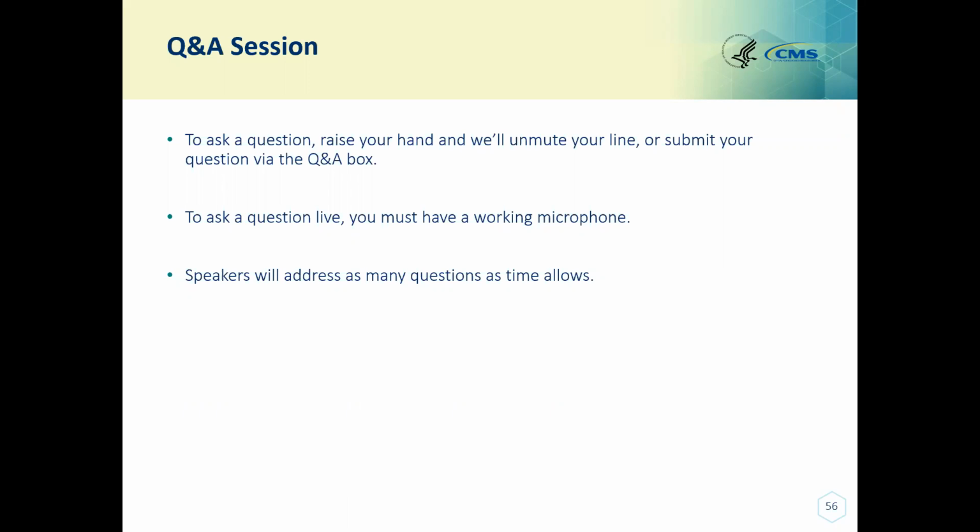Hi, thank you. My name is Ashley Tully. I work for a quality consulting firm. One of the questions that I've had is on the 2022 PI performance category user guide.